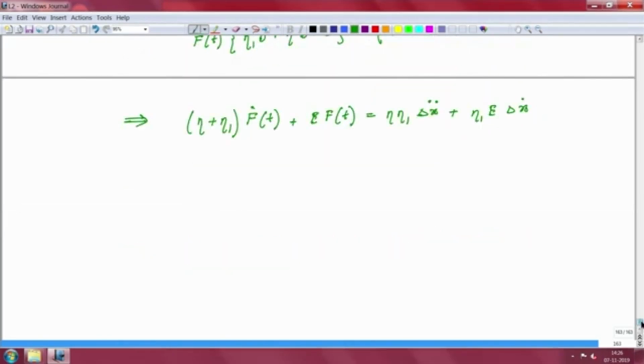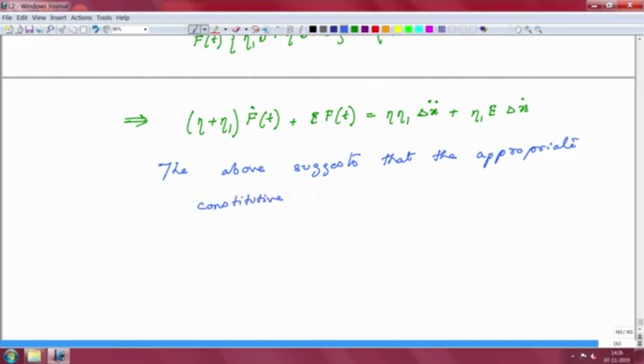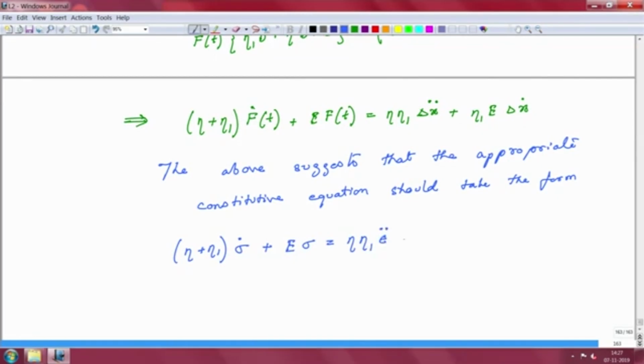So the above suggests that the appropriate constitutive equation should take the form, and then we are just going to create an equivalent system where we say that your stress strain relationship can be given by (eta plus eta 1) sigma dot plus E times sigma, and on this side we have eta eta 1 epsilon double dot plus eta 1 E epsilon dot.